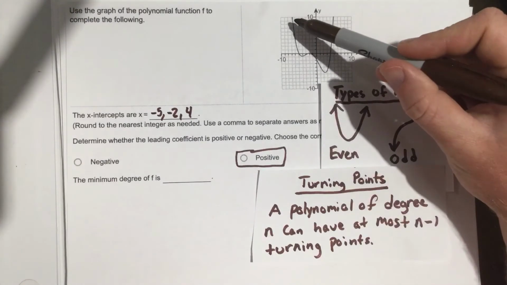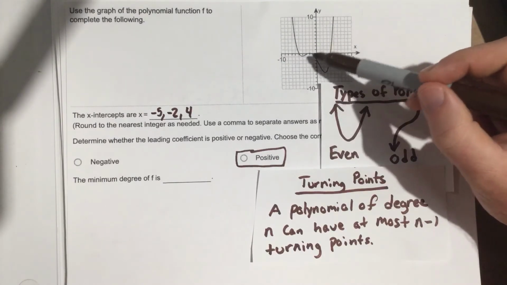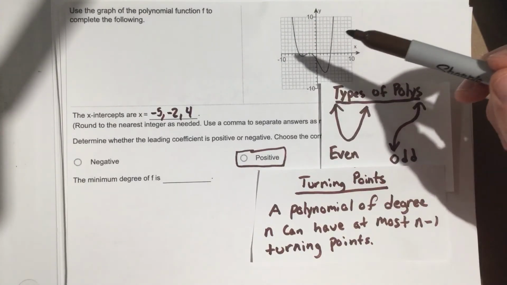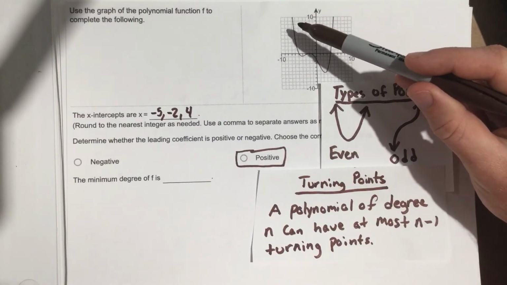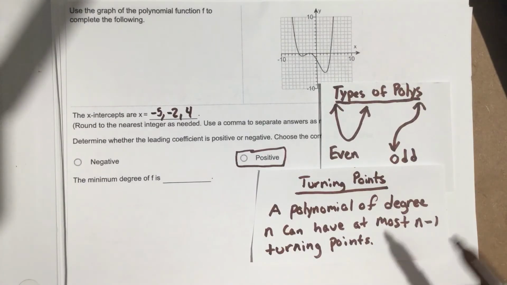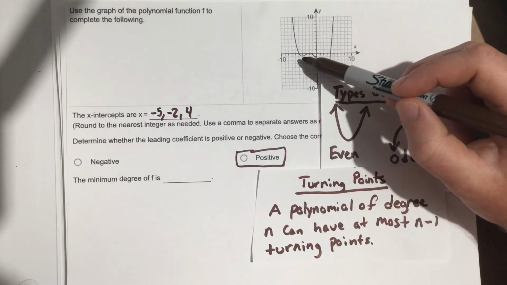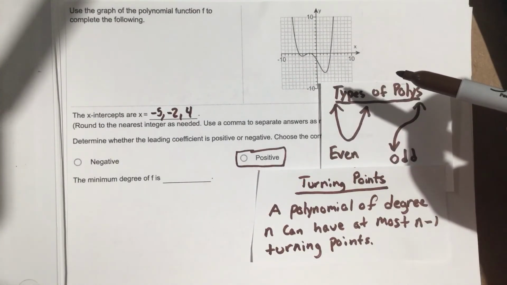So I know that it's not a square function because it's an even function and it can't be degree 2. Let's look at degree 4. Degree 4 would have 4 minus 1 turning points, which is 3 turning points. And in our case, we have 1, 2, 3 turning points in this problem.